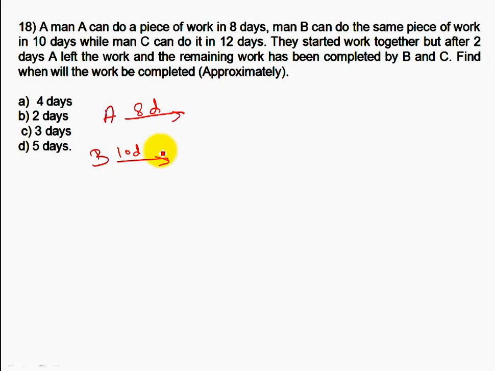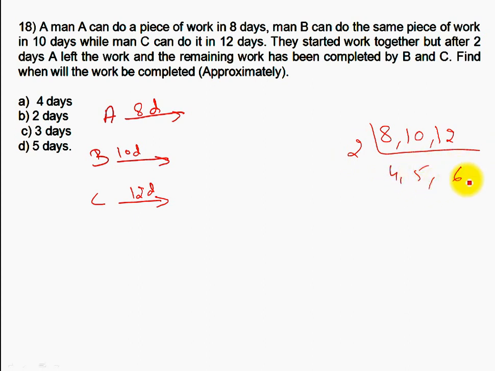Person A can complete a work in 8 days, person B in 10 days, and C in 12 days. So we have to take the LCM. 8, 10, 12 divided by 2 is 4, 5, 6. Again we get a common 2, so 2, 5, 3.